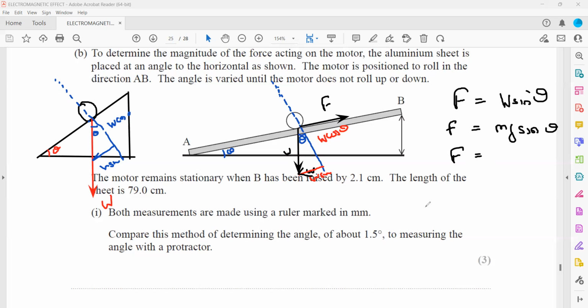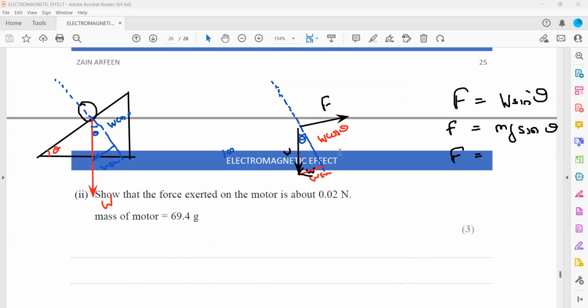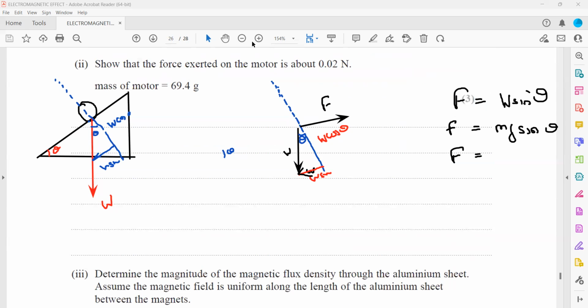We just substitute the values. M is the mass of the motor, which was given in gram, so you have to convert into kilogram by dividing by 1000. So 0.0694, gravity 9.81, sine of the angle 1.52. We work out the force it will experience, that is 0.0178 Newton.